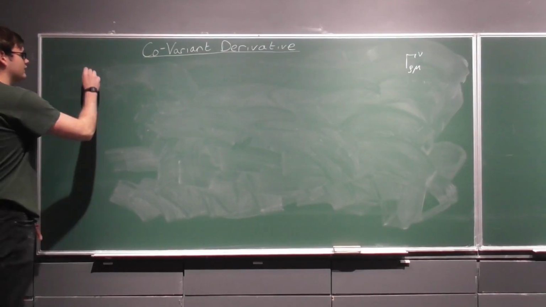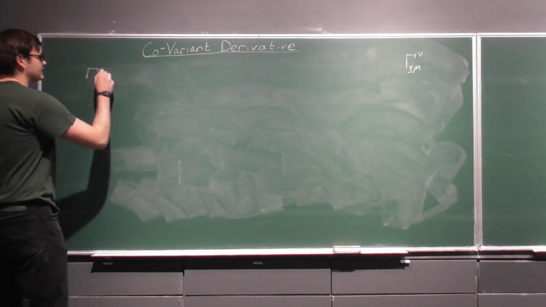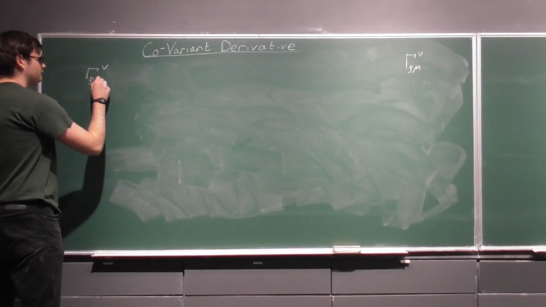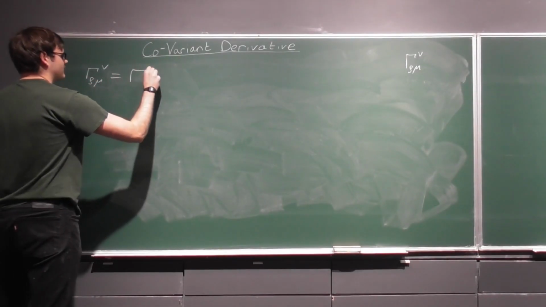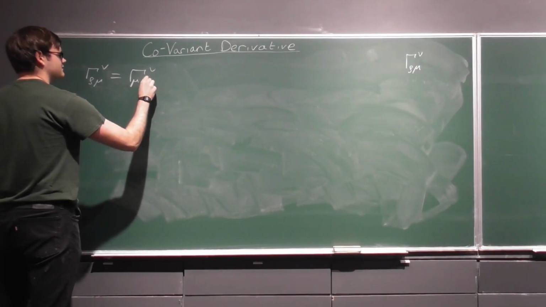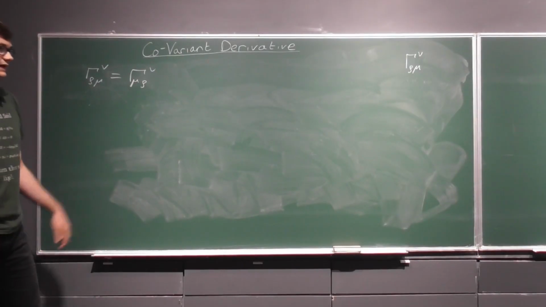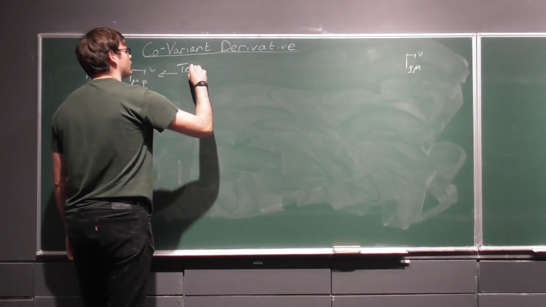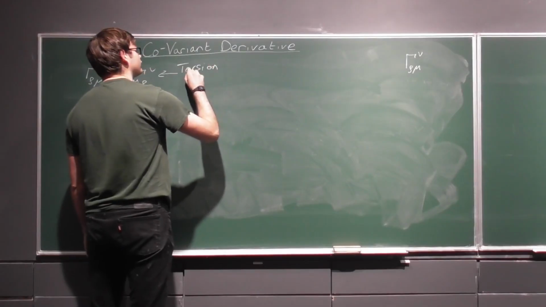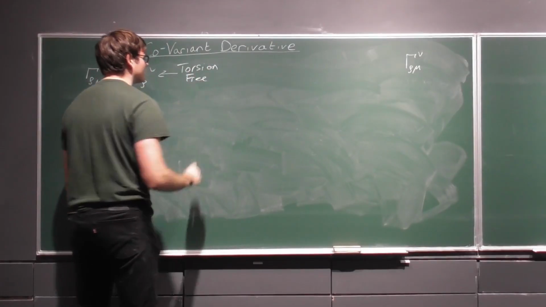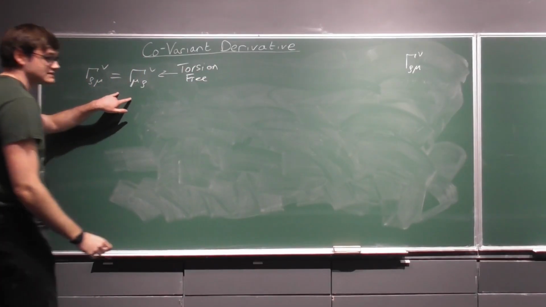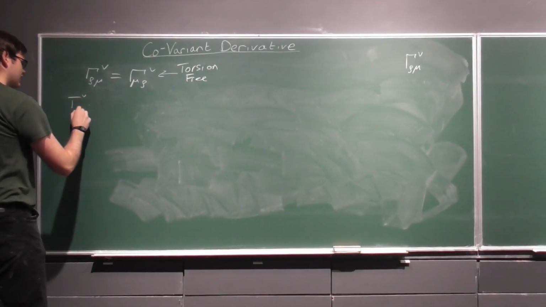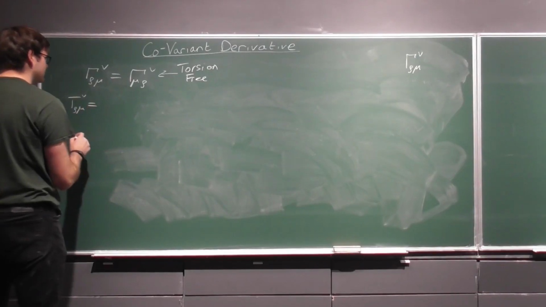So the first one is I'm going to impose that if I swap these two indices, I get the same thing, so that it's symmetric in these lower two indices. This is known as the torsion-free condition, because while these two things I've said before are not tensors, you can actually find that the difference between them is a tensor.